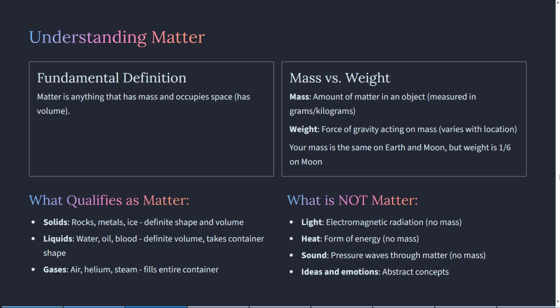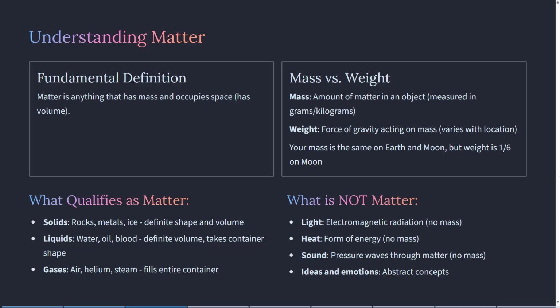Your mass, the actual amount of matter in your body, stays the same whether you are here on Earth or on the moon. But your weight would be only 1/6 on the moon because weight is the force of gravity acting on your mass. So, what qualifies as matter?